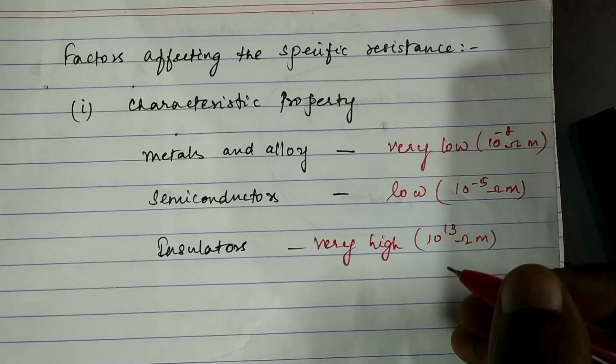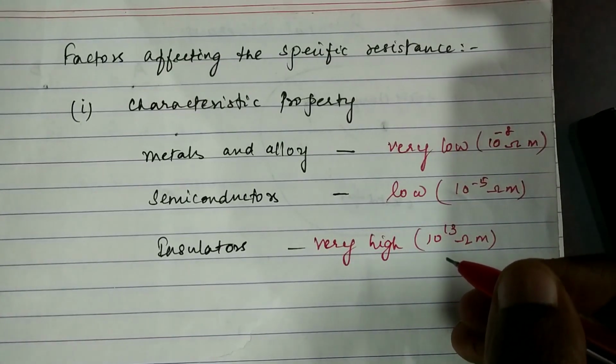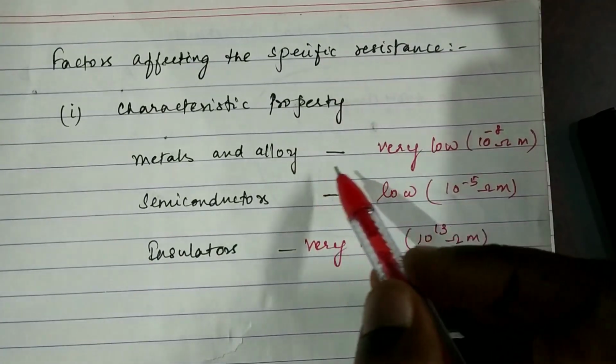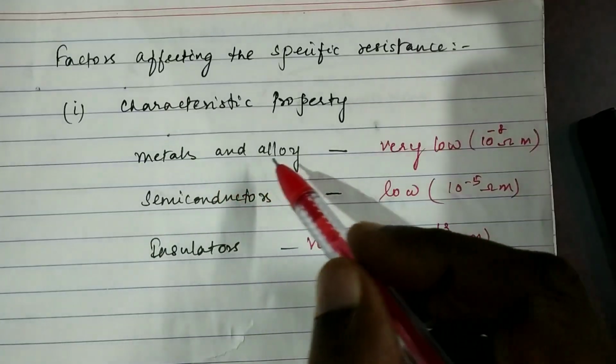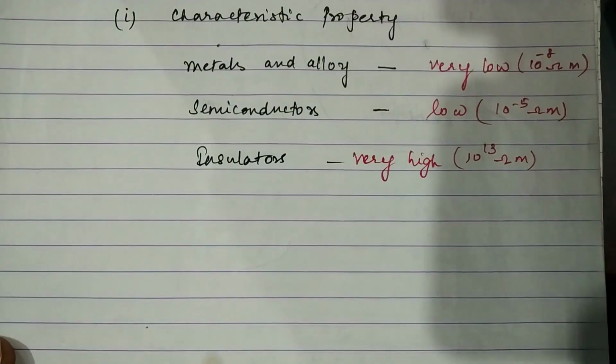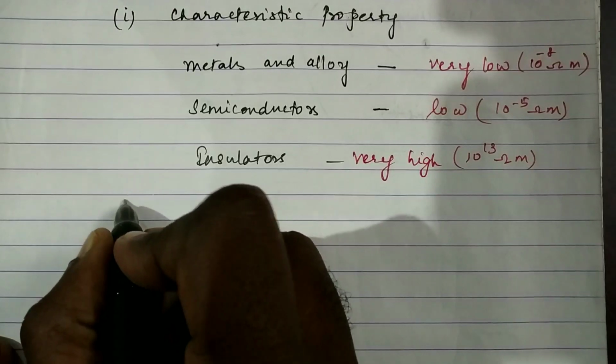We need wire for power transmission, fuse, heating element, and resistance wire. So for all those applications, we should know the value for these metals, alloys, semiconductors and insulators.